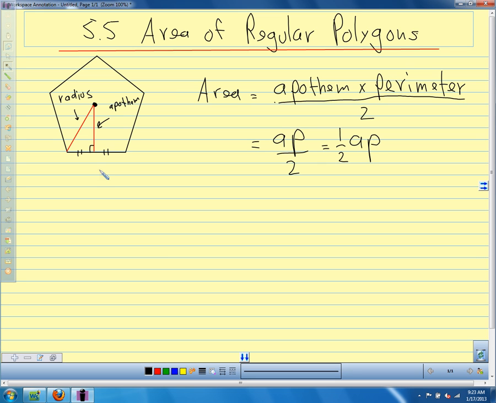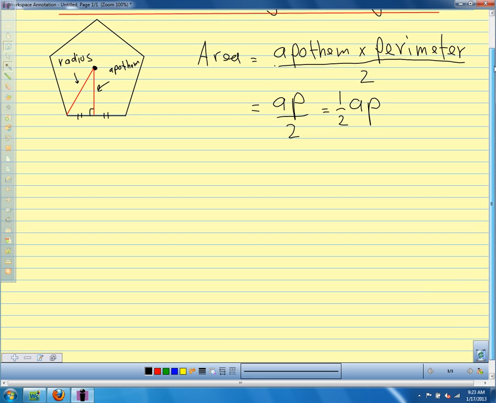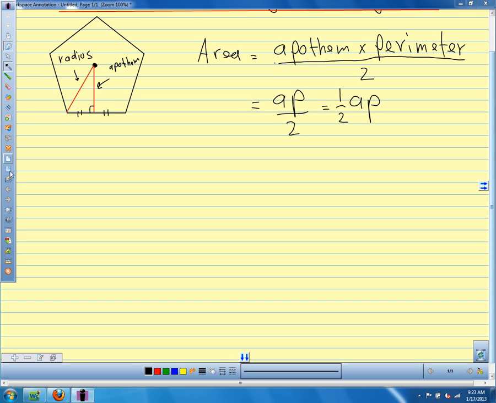But let me go over why the formula looks like this, where this formula comes from. And I talked about it just a little bit the other day. So for this one, we'll draw, and you don't have to draw this picture in your notes. I just want you to have an idea of where the formula comes from.